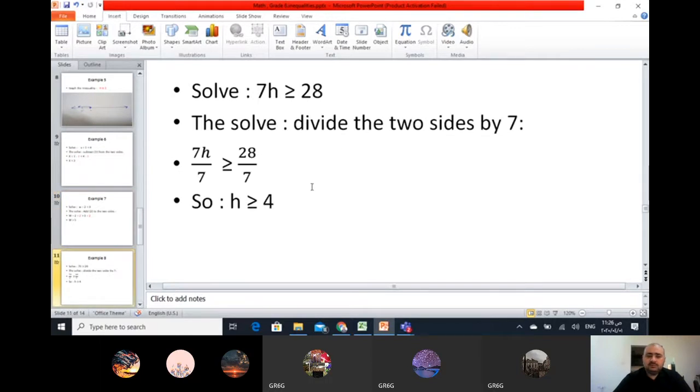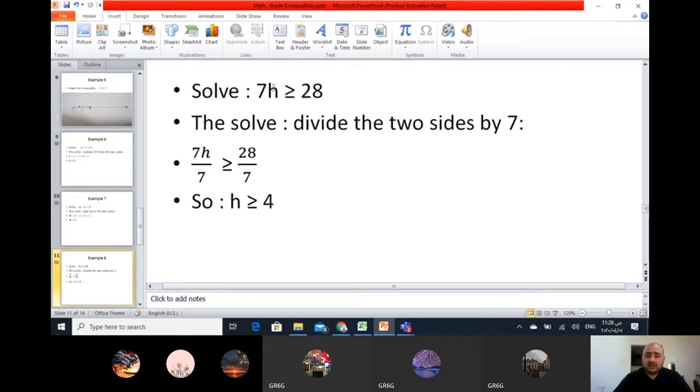Example 8. We have this inequality now: 7h greater than or equal to 28. The operation between 7 and h, as you know, is multiplication. So we have 7 as a multiplier. How to cancel it? Try to divide the two sides by 7.